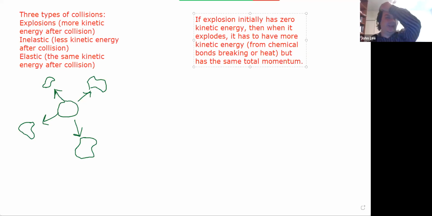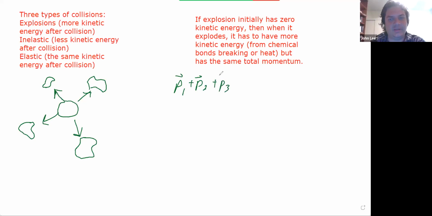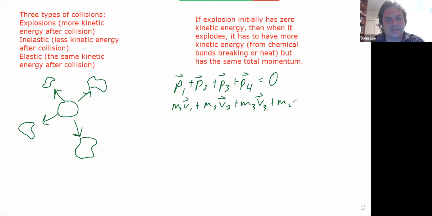Here we have P1 plus P2 plus P3 plus P4 equals 0. So M1 V1 plus M2 V2 plus M3 V3 plus M4 V4 equals 0, which means that they have to be going in some sort of opposite directions.